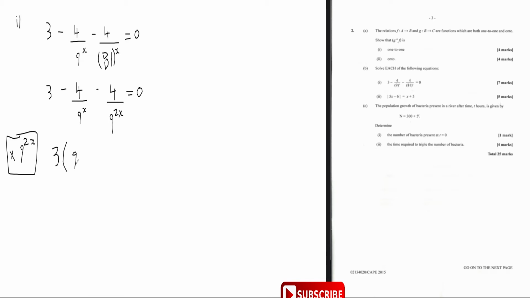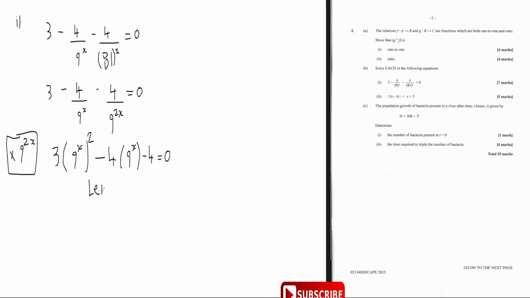And remember, 9 to the 2x can be written as 9 to the x all squared by laws of indices, minus 4 times 9 to the x. And then this is just going to become minus 4 is equal to 0. Nice.